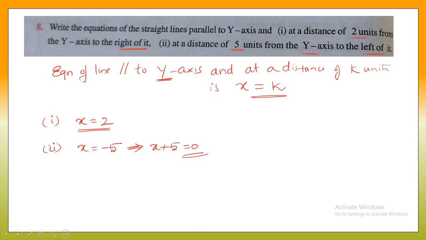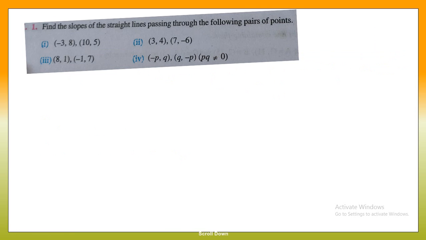Next, moving on to one more question. This is the first question of Roman number 2. Find the slopes of the straight lines passing through the following pairs of points. When 2 points are given, how to find the slope?